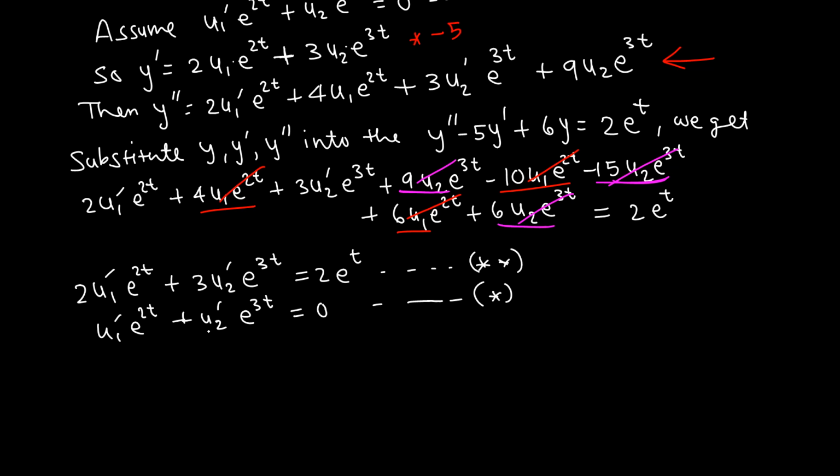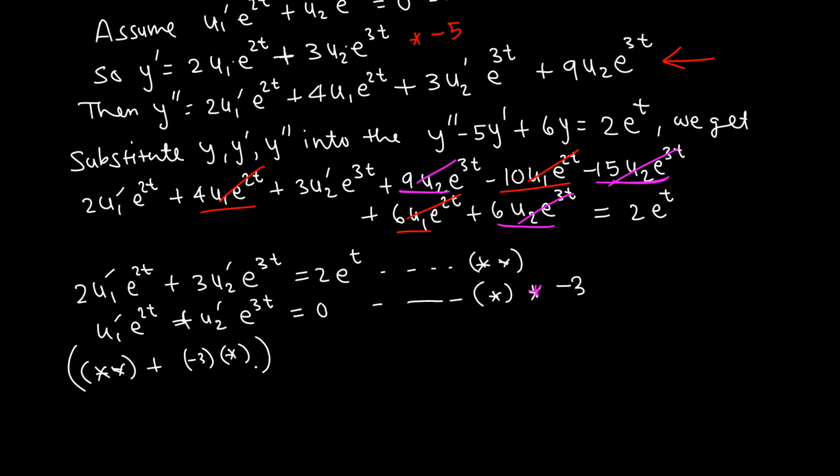So let's try to cancel this second term. So we have 3u2 prime e3t, only u2 prime. So let's multiply this by -3. Okay, if we multiply by -3, then combined with 2, so what we are doing here is 2 plus -3 star.